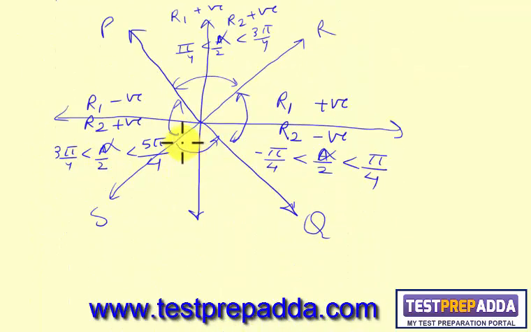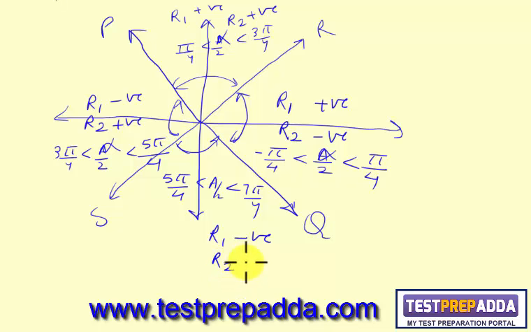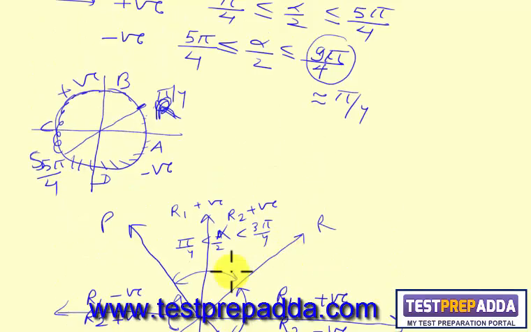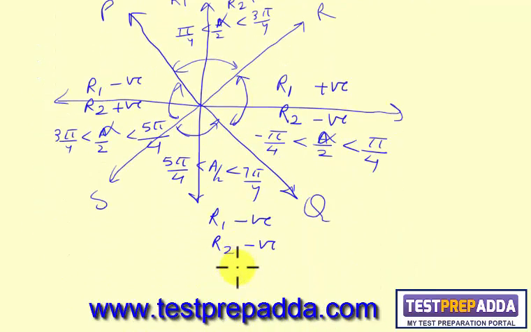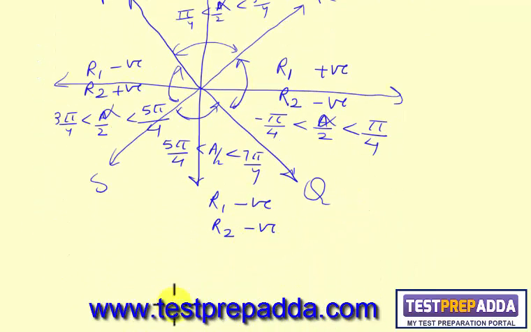Now the last portion, here the angle 5 pi by 4 to 7 pi by 4. Here the relation 1 is negative, relation 2 is also negative. Both negative. So diagrammatically we can explain this easily.